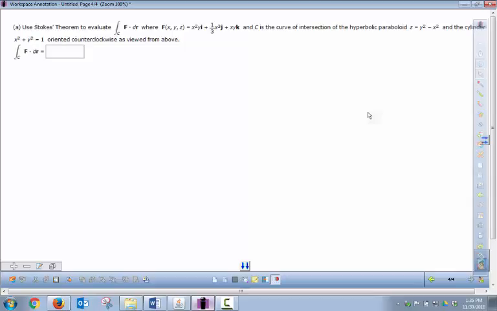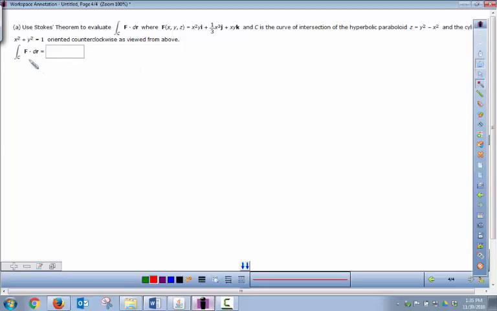So we want this line integral to become a flux integral. And then we want the orientation to be counterclockwise from the top. So imagine this is a cylinder.